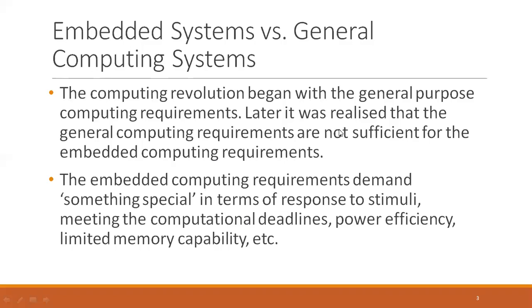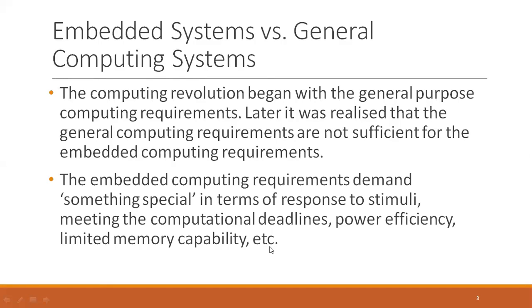The requirements of the embedded system are different from those of general computing systems. That's why you are separating the requirements of the embedded system from the general computing system. The embedded computing environments demand something special in terms of response to stimuli, meeting computational deadlines, power efficiency, limited memory capability, and so on.